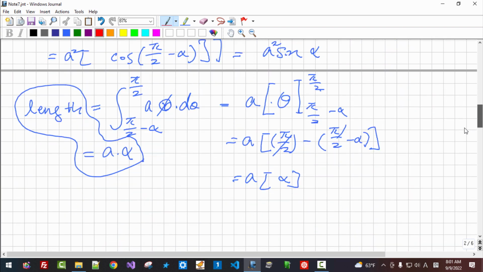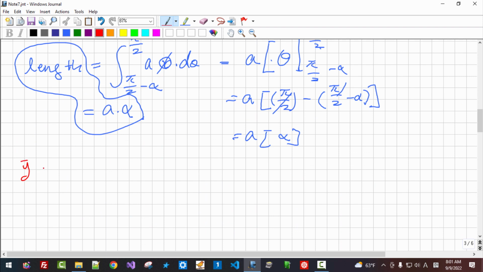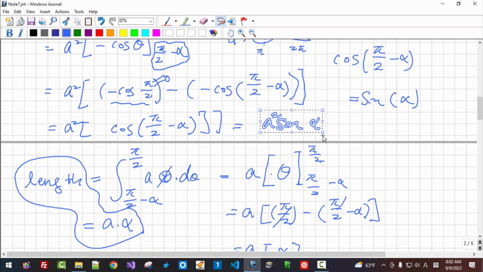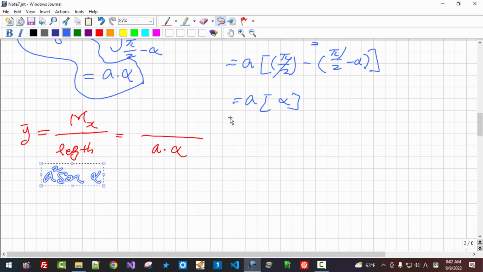Don't forget y bar equals Mx over length. Then a alpha over this. Copy, paste. Then the a cancels.